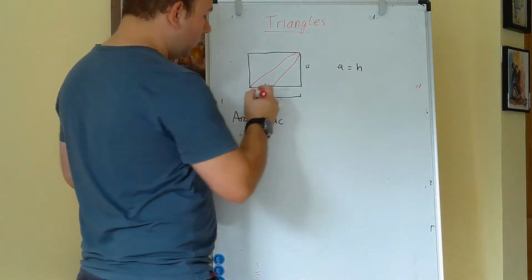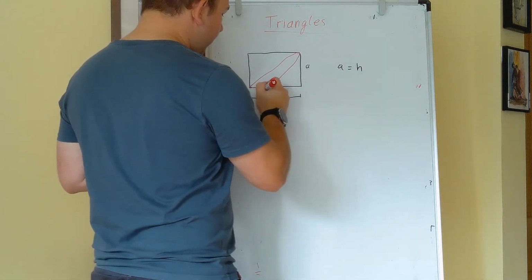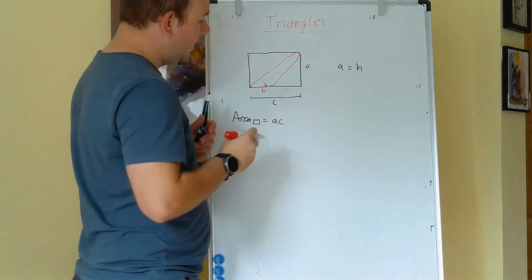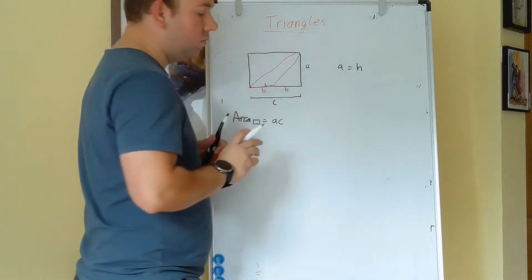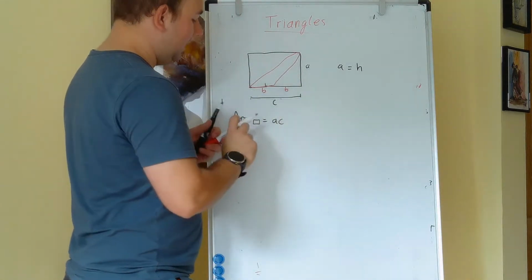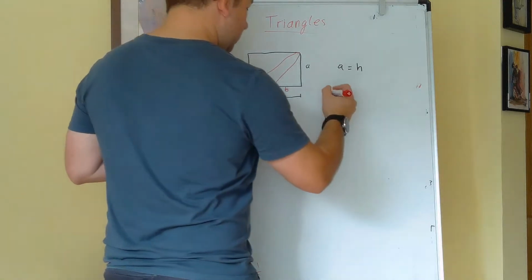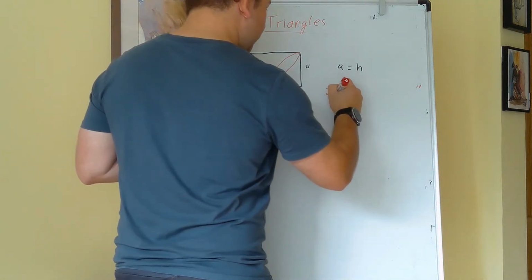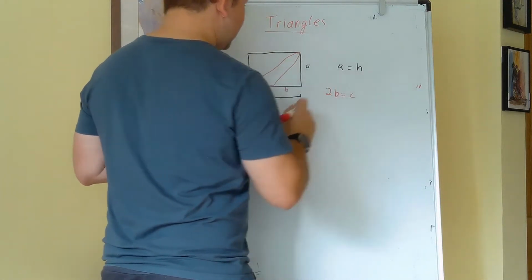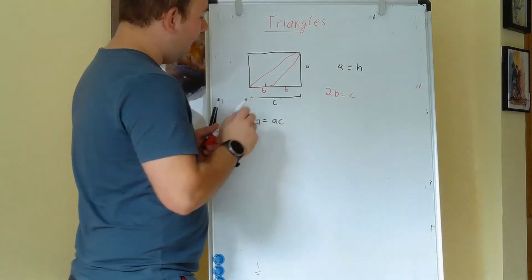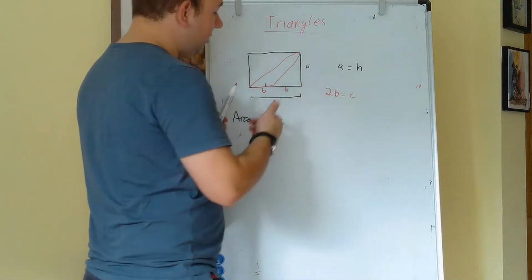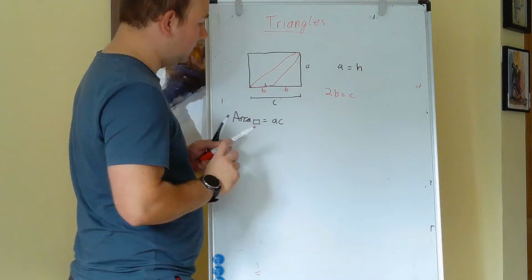I'm going to call this B, and I'm also going to call this length here B as well. So I basically said that 2B is equal to C. And now I can start showing you the area of this triangle.